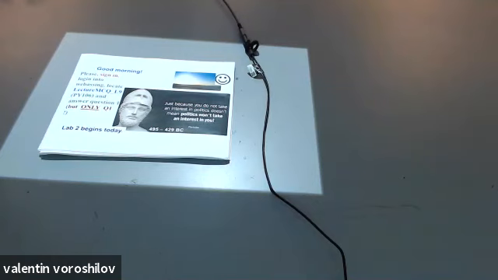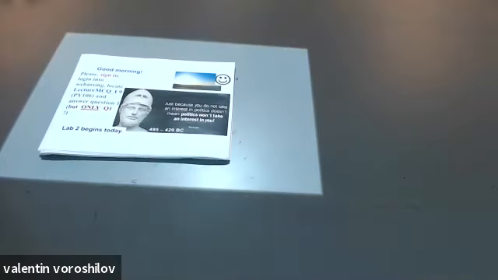On Zoom, you're supposed to see the slide. Can you see it? Yeah, it's just pretty ugly. It's hard to read because of the angle. How about now?